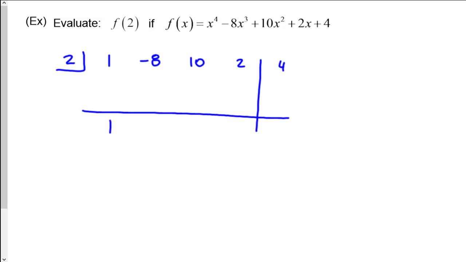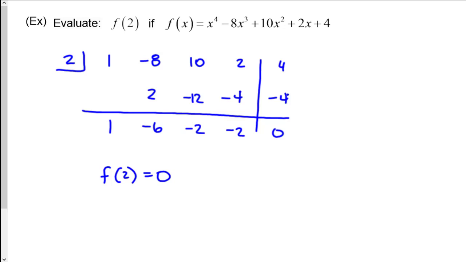That's 1 there. 1 times 2 is 2. Add these, negative 6. So negative 6 times 2 is negative 12. Those add to negative 2. Negative 2 times 2 is negative 4. And this adds to negative 2. Negative 2 times 2 is negative 4. And that adds to 0. So f of 2 is equal to 0.